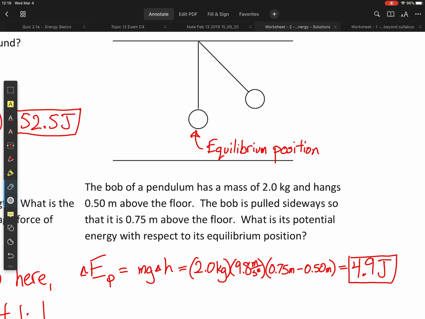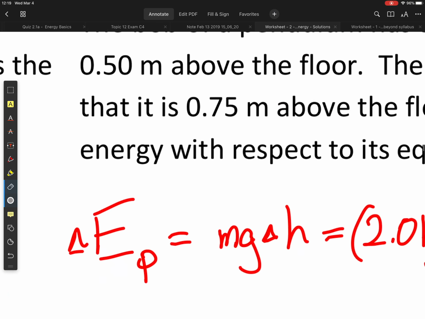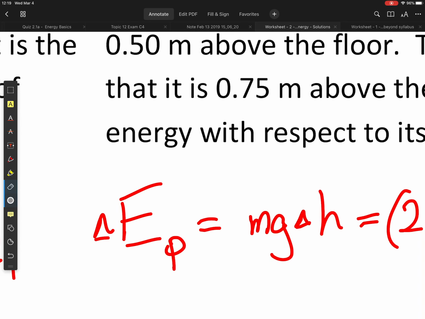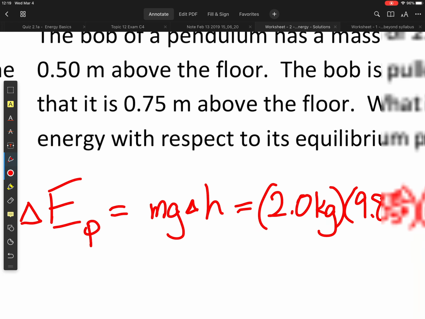Potential energy with respect to the equilibrium position will be given by this equation, where we have delta potential energy, and remember that a delta just means a change, and that's what we're looking at here. So our change in potential energy is going to be equal to mass times gravitational acceleration times a change in height.